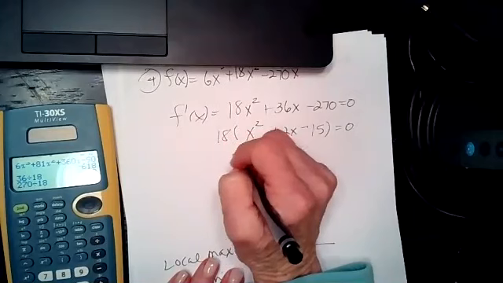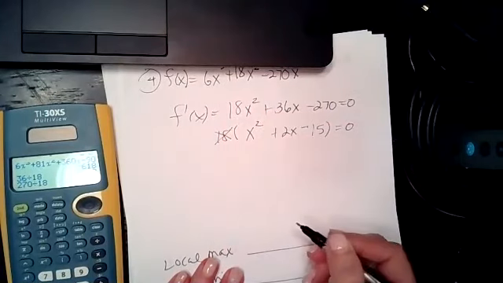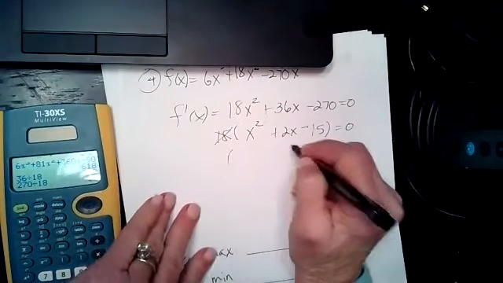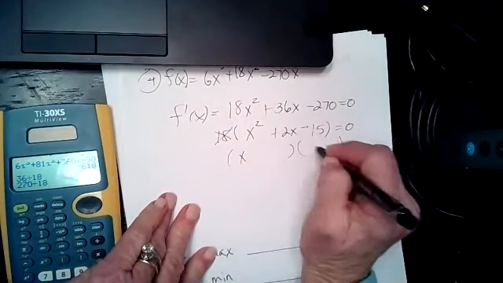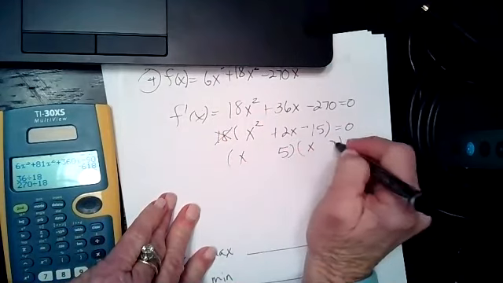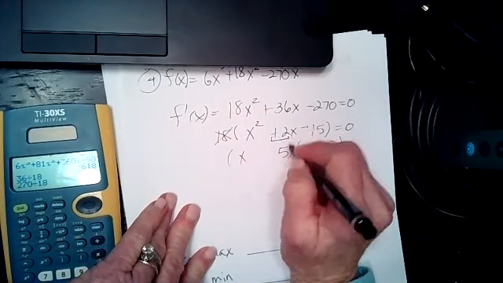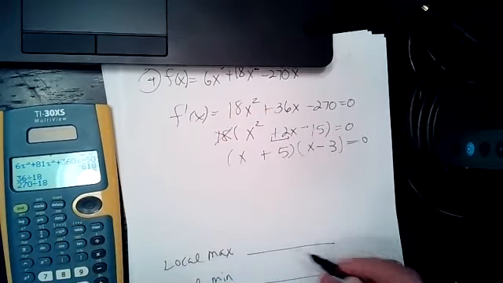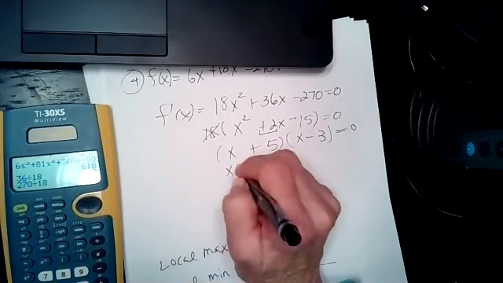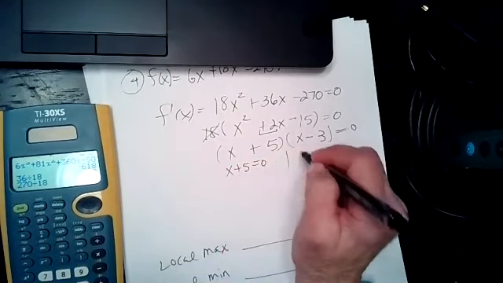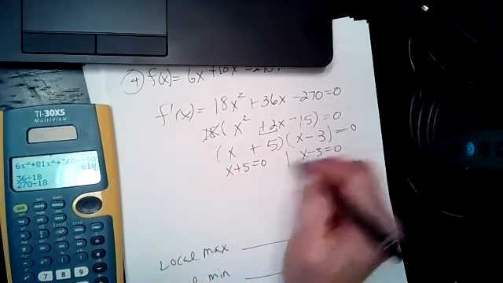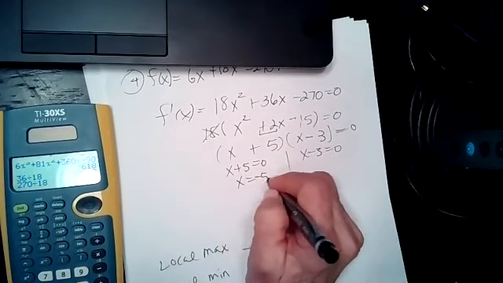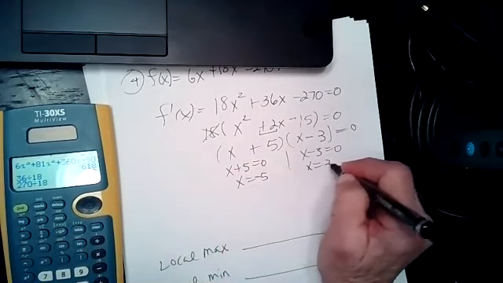So when I factor it, the 18 is not going to give me anything because there's no x. x times x, and 5 times 3 is 15, but to add to get positive 2, it's got to be positive 5 and minus 3. So I set x plus 5 equal to 0, x minus 3 equal to 0. So x is negative 5 and x is 3.